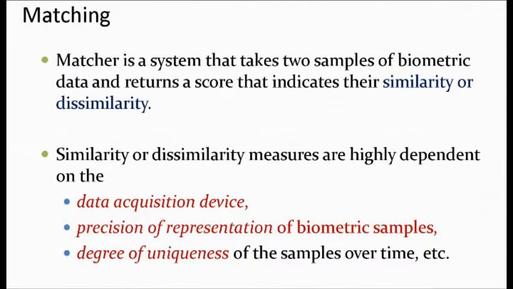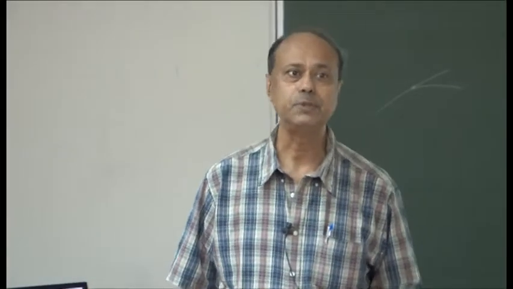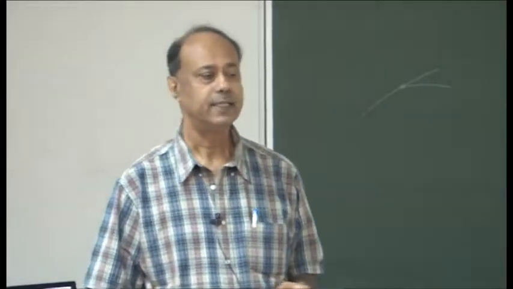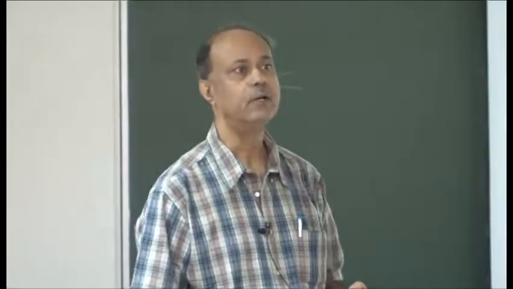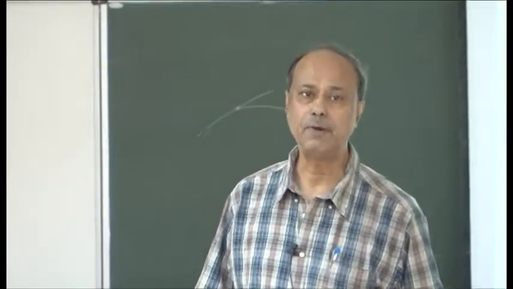Now, these similarity or dissimilarity measures are dependent on many parameters. One is the data acquisition system, that is, what type of system you are using and how robust the system is, right. All those things you have to take into account. For example, I have a fingerprint scanner which works under a controlled environment.